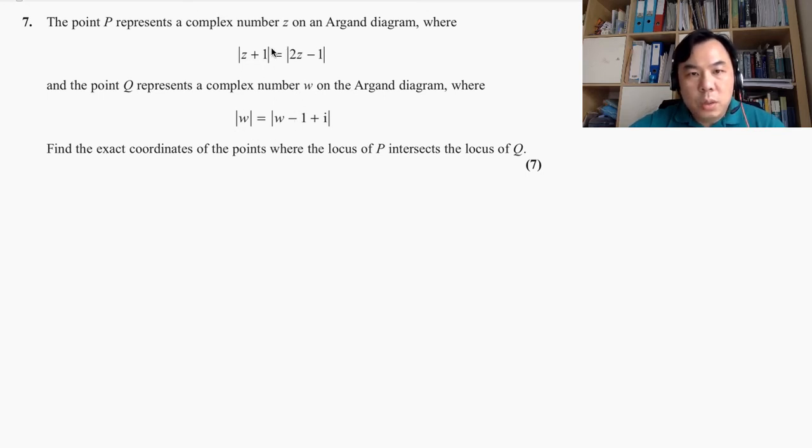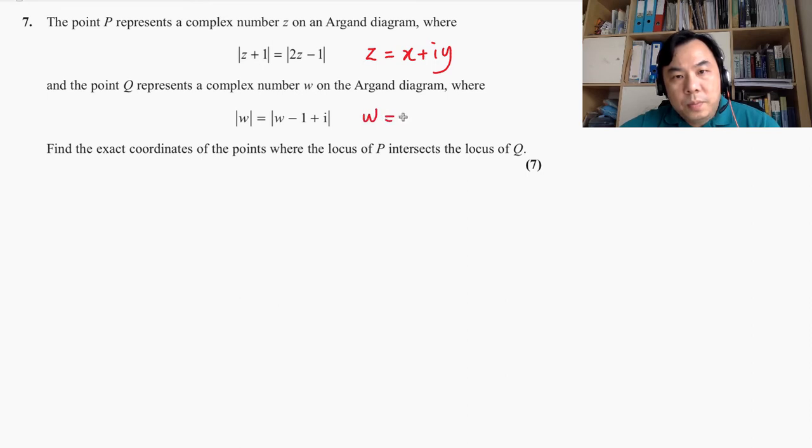Now, if you are not sure, you can always let your z equal to x plus iy, if x and y is more comfortable for you to work with in terms of Cartesian coordinates. You can also let w equal to x plus iy also.